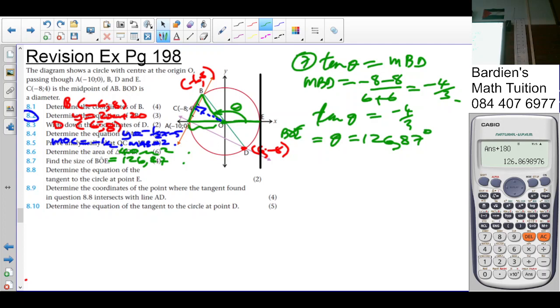Alright, let's go with number 8. So, what would the equation of this tangent be? Since it's parallel to your y-axis, x is equal to 10. Not so? What would the equation of the tangent at AB? x equal to minus 10.